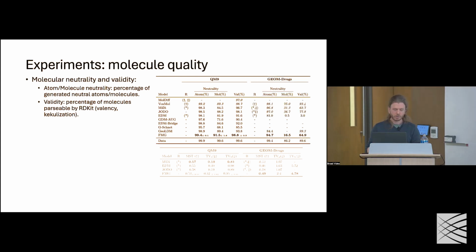And then for the Geom drugs, here there are many, many caveats that need to be explained. I guess any one method in this table cannot be compared strictly or reliably to any other method, almost, on this specific dataset, because there are very many settings that have been used. Some models generate explicitly the aromatic bond types.